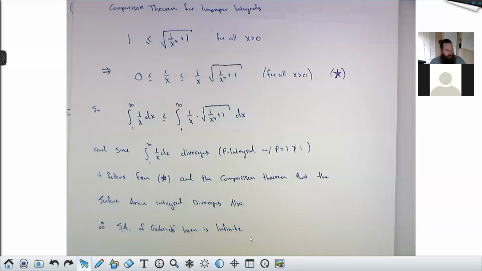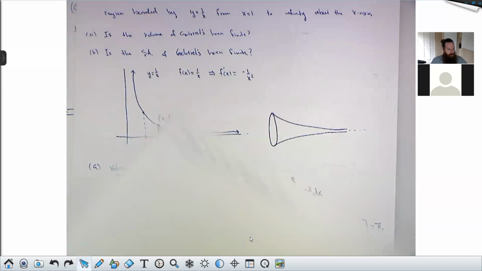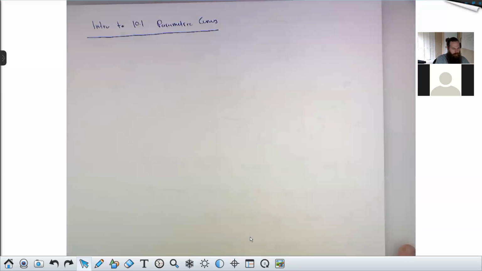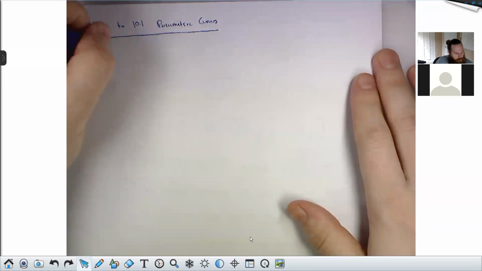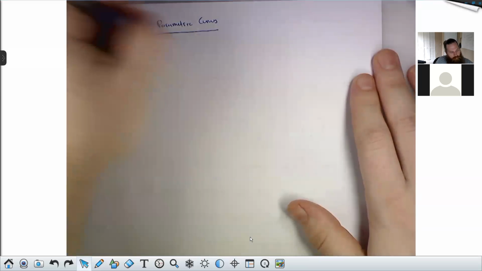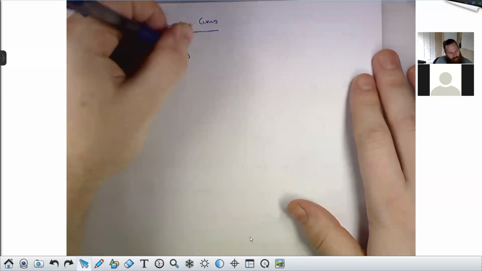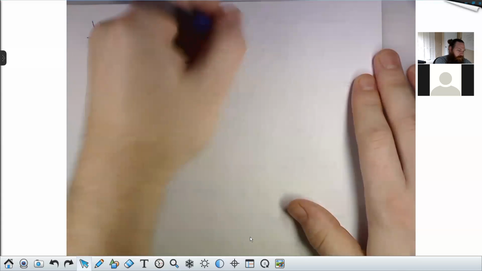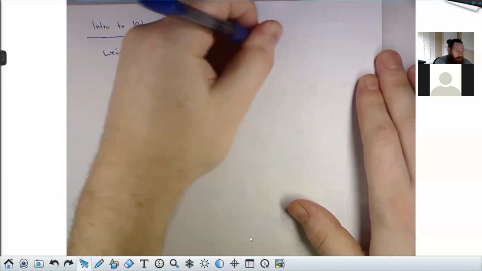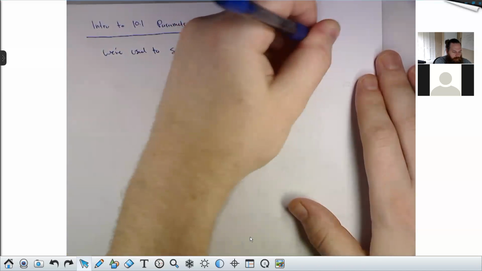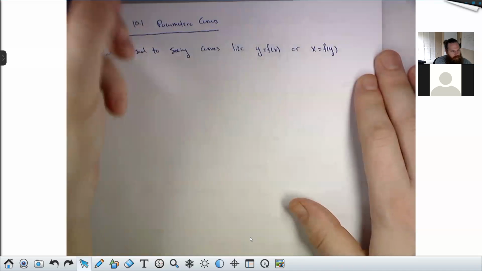Okay, so I do want to introduce this material a little bit. We're used to seeing curves like y equals f of x, or sometimes x equals f of y, right?